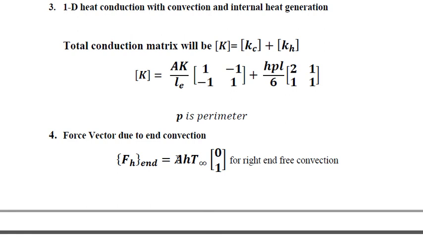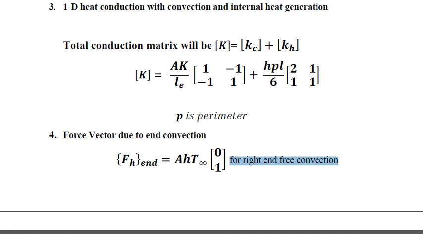If there is end convection, the force vector is given by A H T infinity, where T infinity is the temperature of the surrounding, times [0 1], with 1 written at the bottom if right hand convection is there.